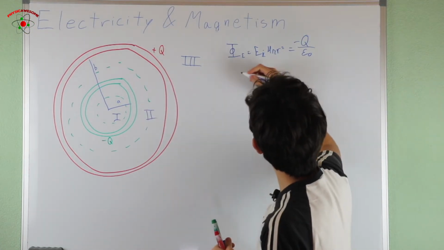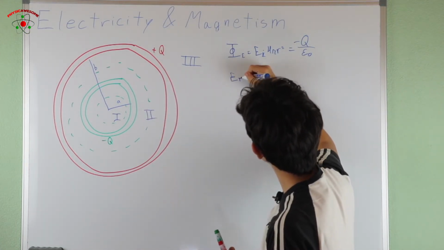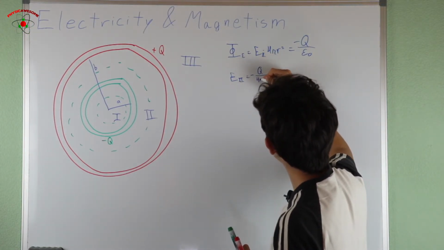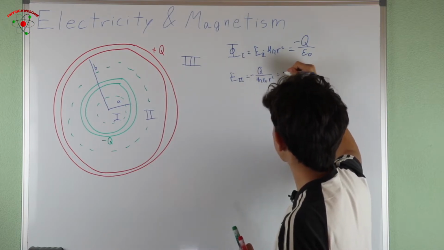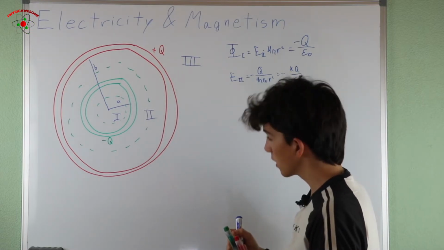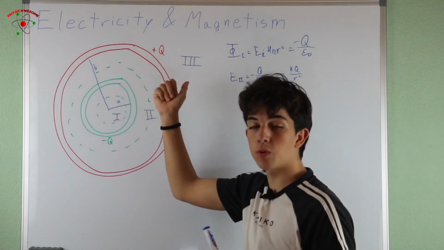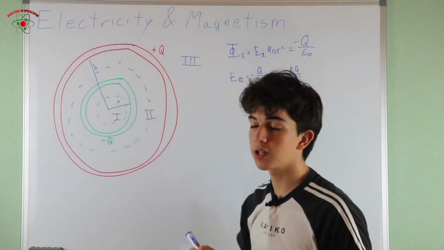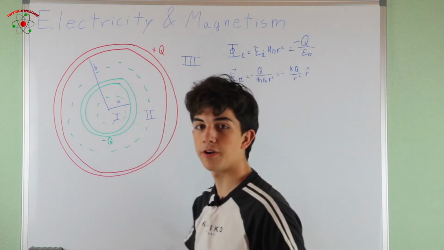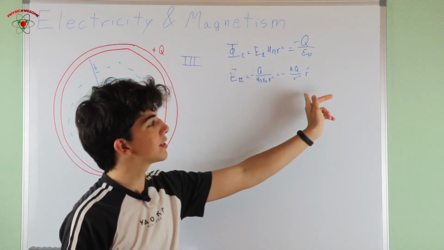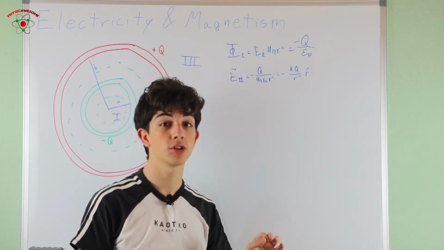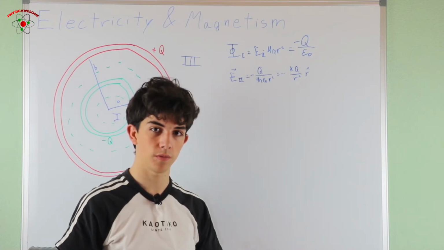Therefore, what we find is that E2 is going to be minus Q over 4 pi epsilon naught r squared, which is minus k Q over r squared. And the n hat vector was pointing in the radially outwards direction. Therefore, we can put that r hat vector over there. And what we find with this is that spherical cells also behave as point charges outside of their interior.